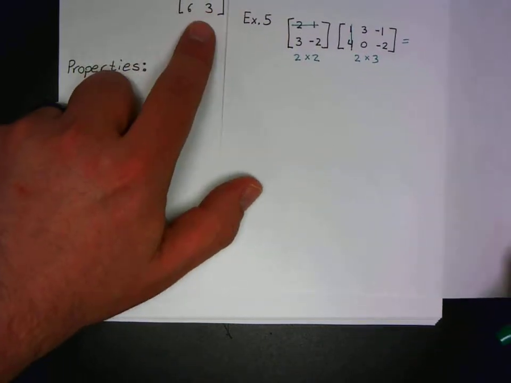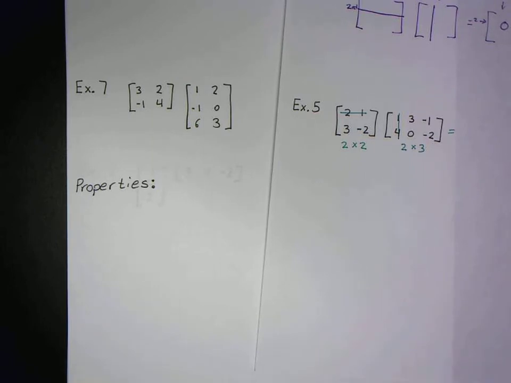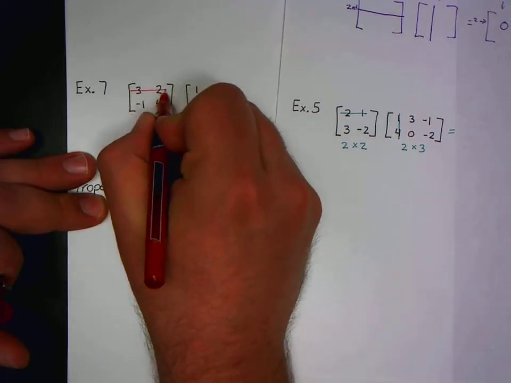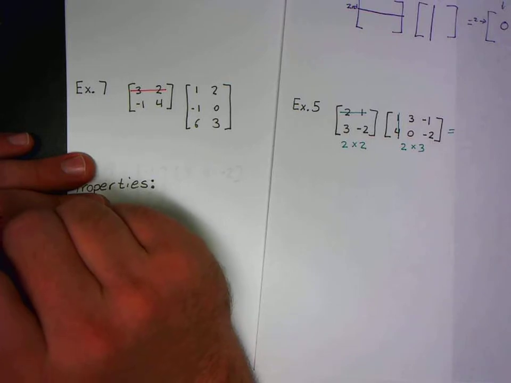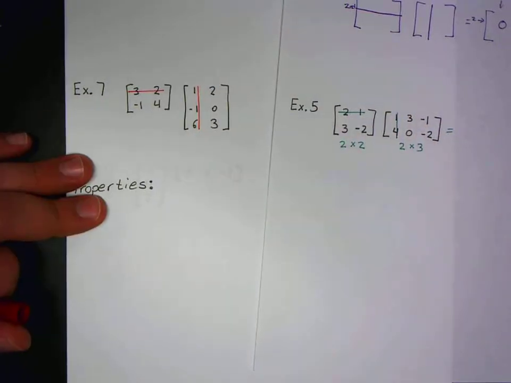So if you look at this one, example number 7 here is not possible. This one is not possible because if I go to multiply this row, it has 2 numbers. Whenever I go to multiply it times this column, how many numbers are in that column? 3. It's not possible because they don't match up. That's whenever you know that it's not possible.